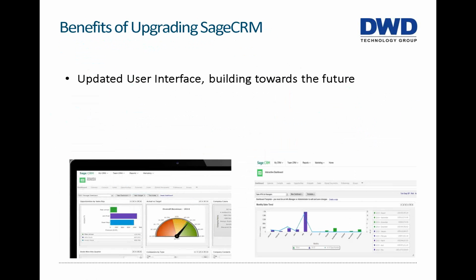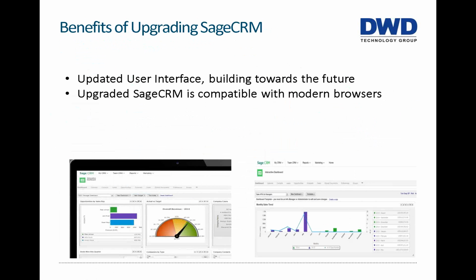Some of the benefits of upgrading, because I know some of you out there have Sage CRM already. So the big thing is the updated user interface. They're building towards the future, with support for the new browsers. So Internet Explorer, Google Chrome, those types of browsers are constantly updating.